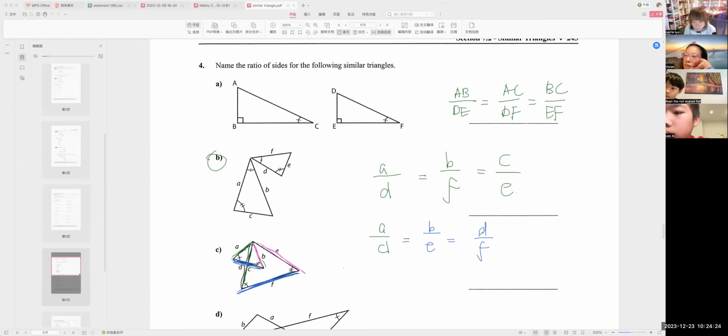Correct, everybody? Oh, this is C, okay?